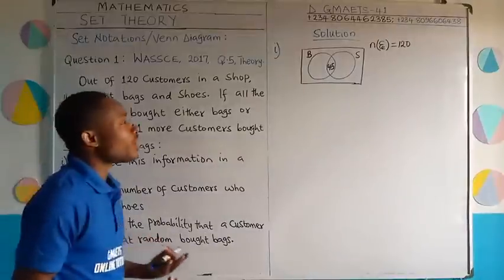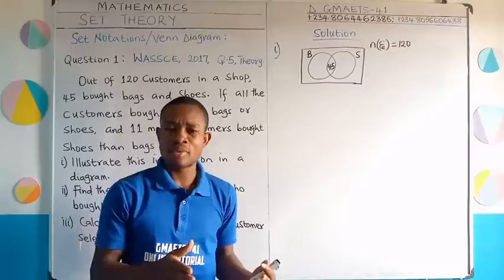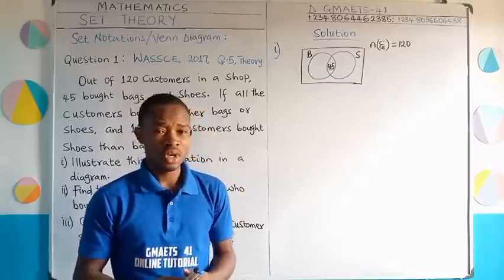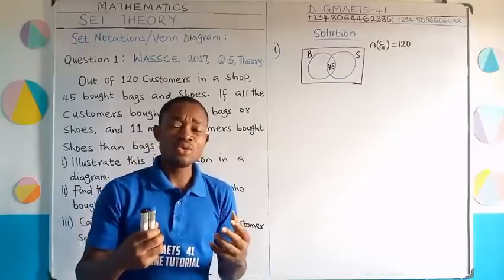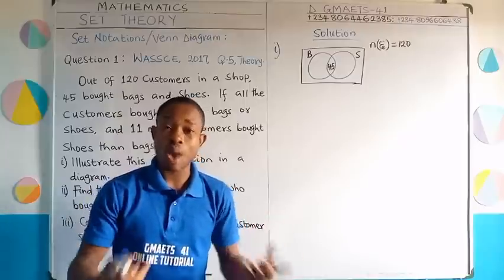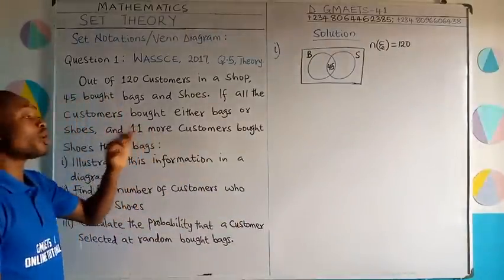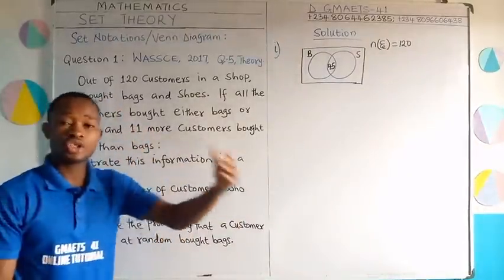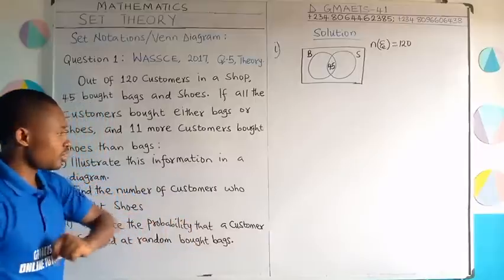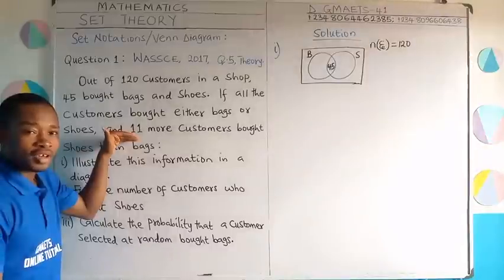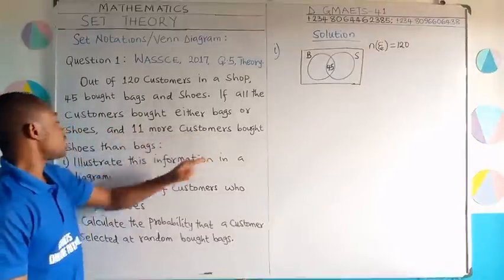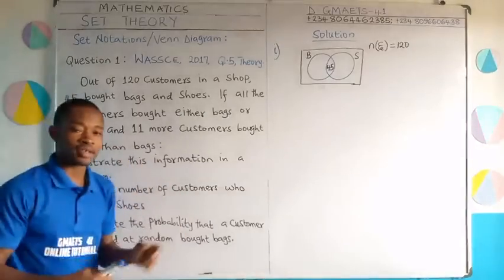Okay, now let us move on. We don't know the number of customers who bought bags. We don't know the number of customers who bought shoes. And so we are going to use an unknown, say X or Y, any alphabet you want, to represent the number of customers who bought either bags or shoes. But then, student, watch something here. 11 more customers bought shoes than bags.